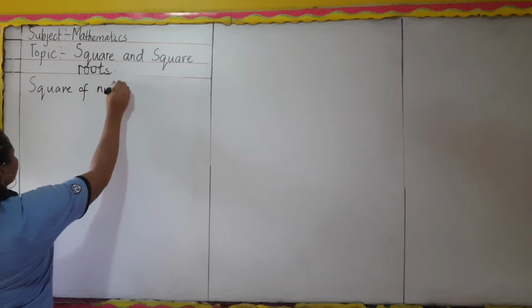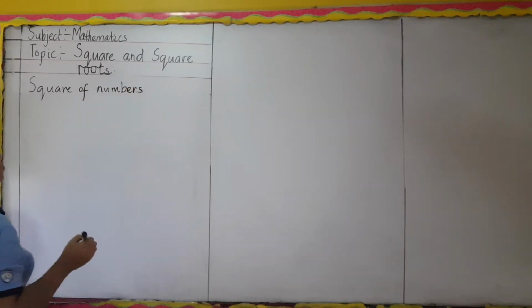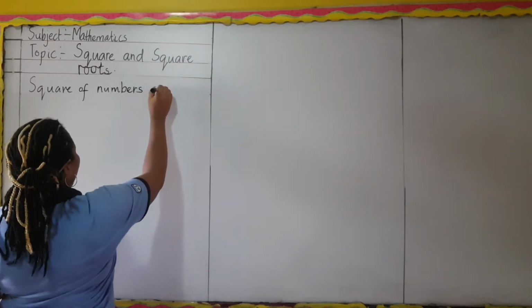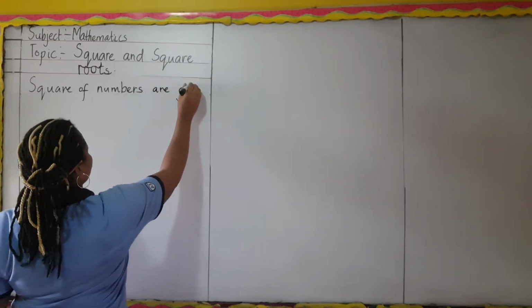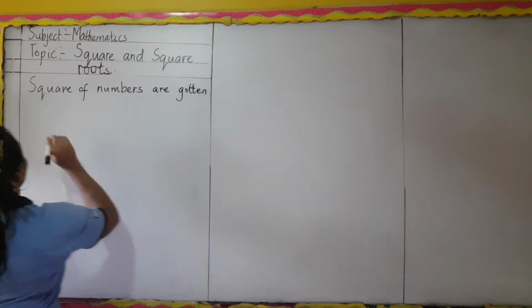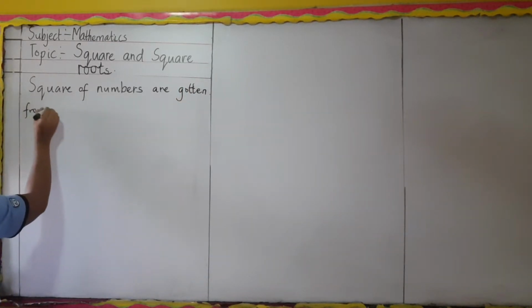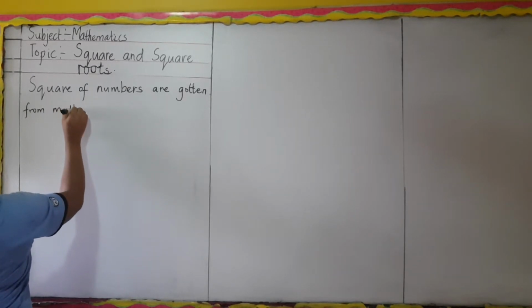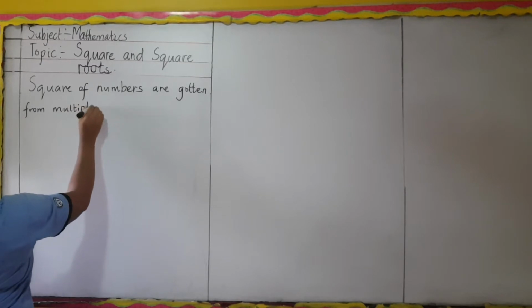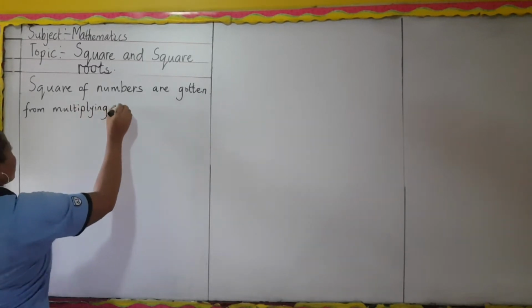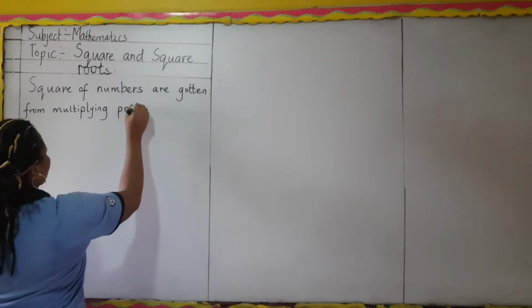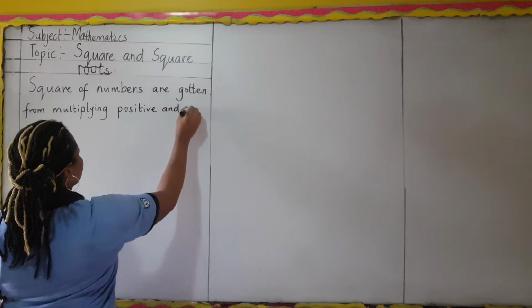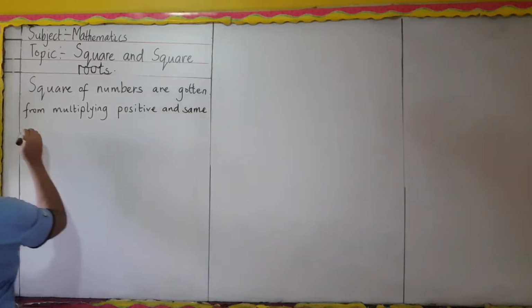Square of numbers. Hope you're writing, no talking, pay attention to the class. Square of numbers are gotten from multiplying positive and same integers.